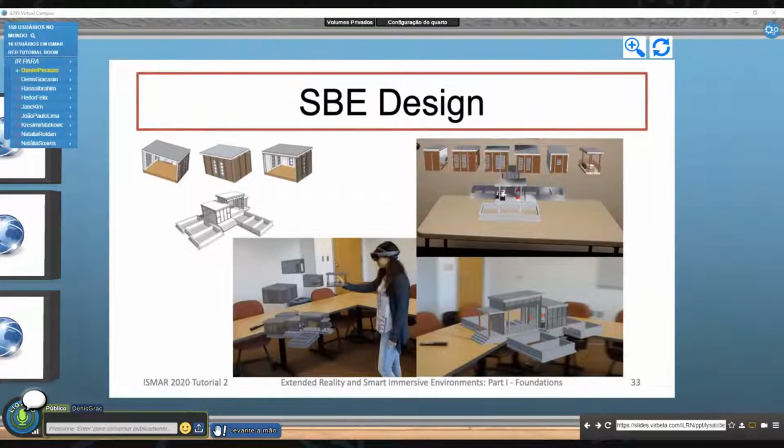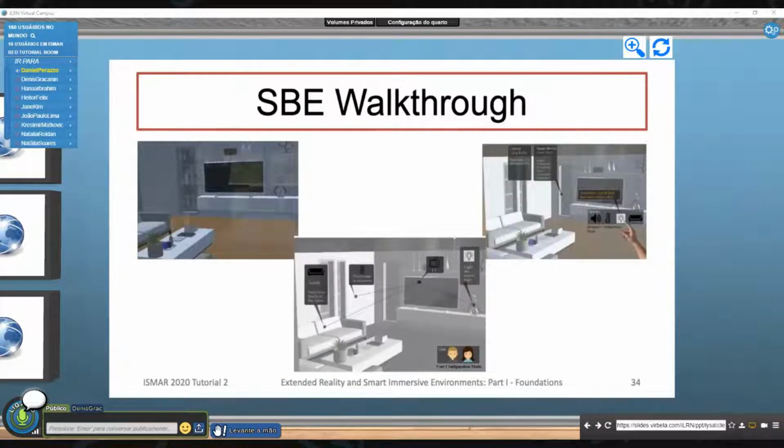So here is an example of an application, again, that is in itself also a kind of reality application, but allows us to create a smart built environment by creating visual models, assembling them together to create the smart built environment. Once that architectural outline of the smart built environment is created, what we then can do is to do the walkthrough.